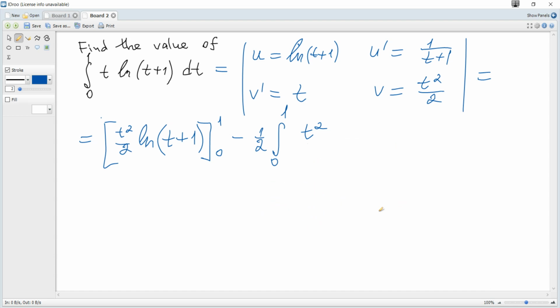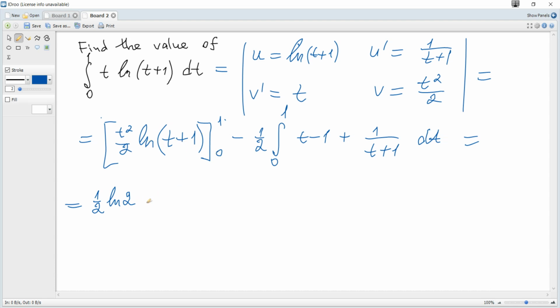So it becomes the integral of t minus 1 plus 1 over t plus 1 dt. And so we can calculate this. When t is 1, it becomes a half multiplied by ln 2, minus the lower limit, when t is 0, it's ln of 1, which is 0.